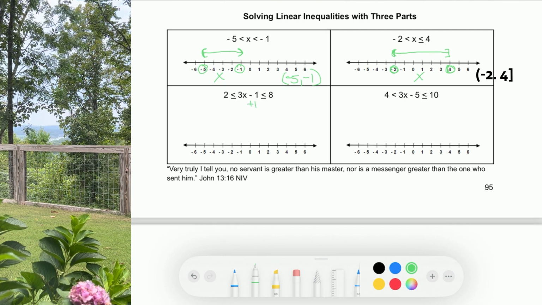So I'm going to add 1. But when I add 1 there, I'm also gonna add 1 to both ends of this inequality. Just like this. So I have 2 plus 1, which is 3, less than or equal to 3x plus 0, which is less than or equal to 9. I'm going to rewrite that.